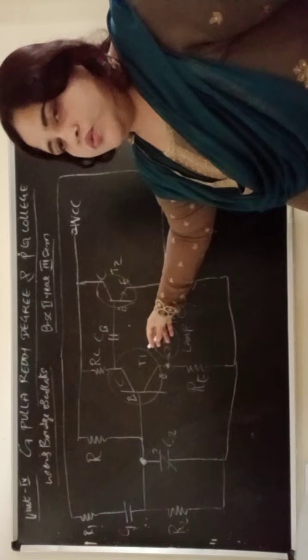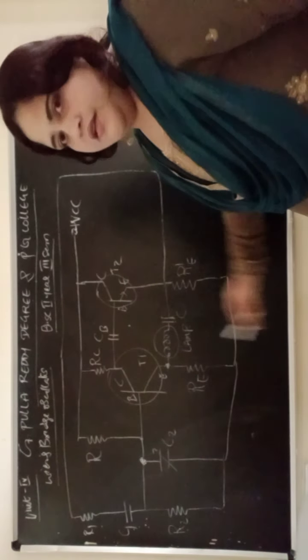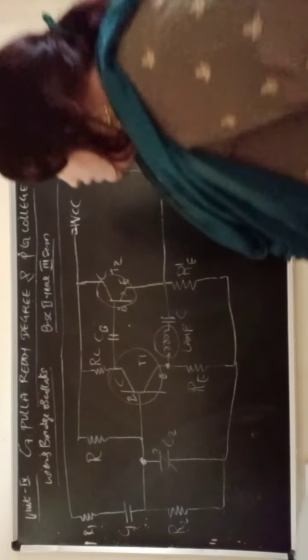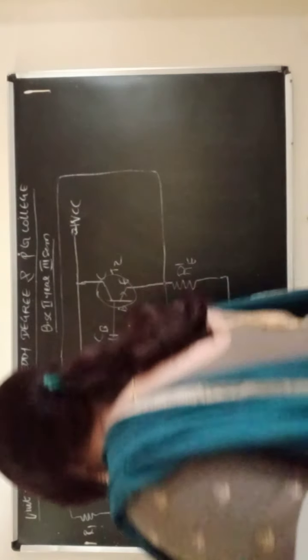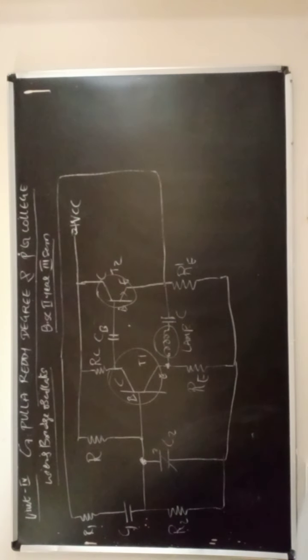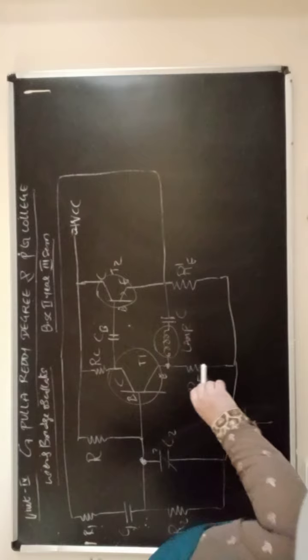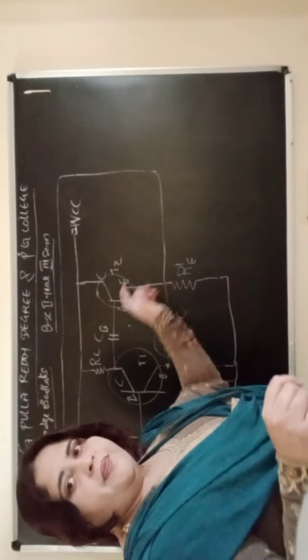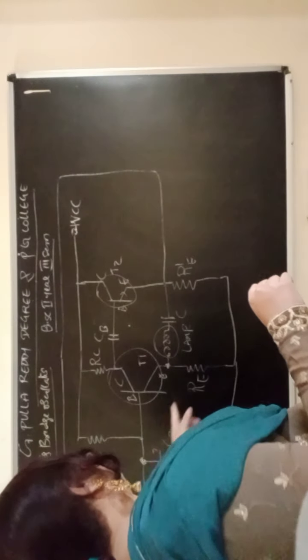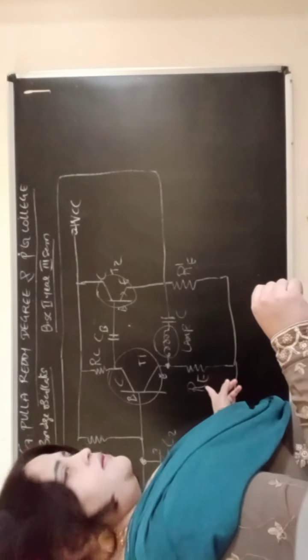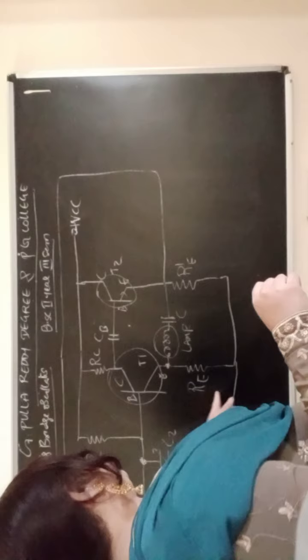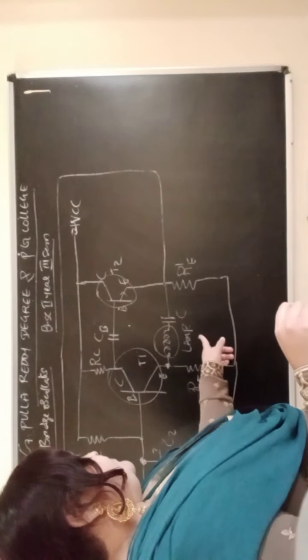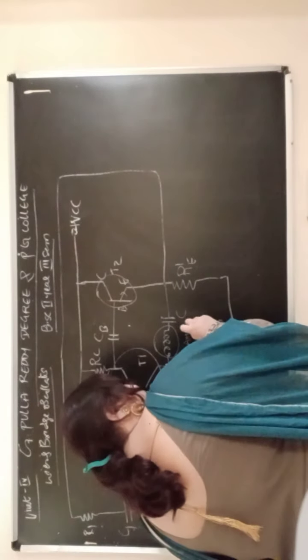You have taken two transistors, T1 and T2. Then this is RE, that is the emitter resistance, the emitter bypass capacitor, and the lamp. This is the lamp. What is the use of this lamp?